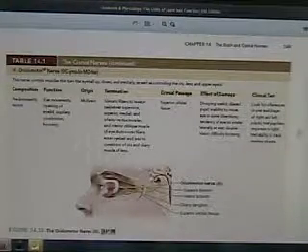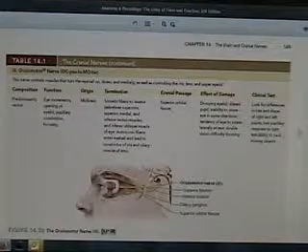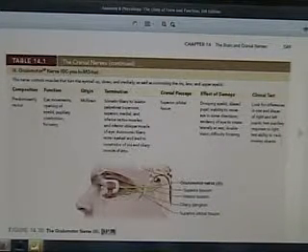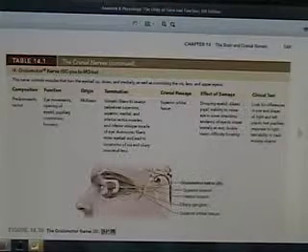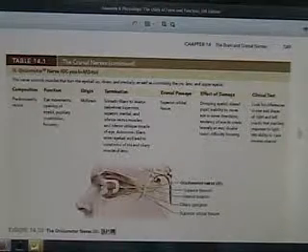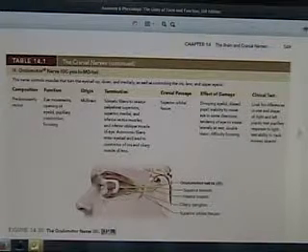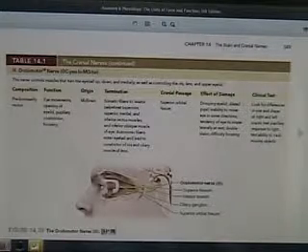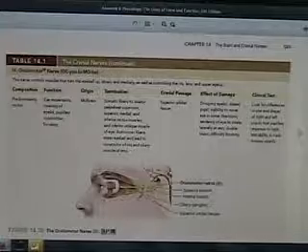Now, what do you need to know from the cranial nerves? You need to know their names. Like, for example, number 1 is olfactory, number 2 is optic, 3 oculomotor, so on and so forth. Then you need to know which ones are sensory, which ones are motor, or which ones are both, right? And the function usually deals with the fact that if it's sensory or it's motor or both, right?